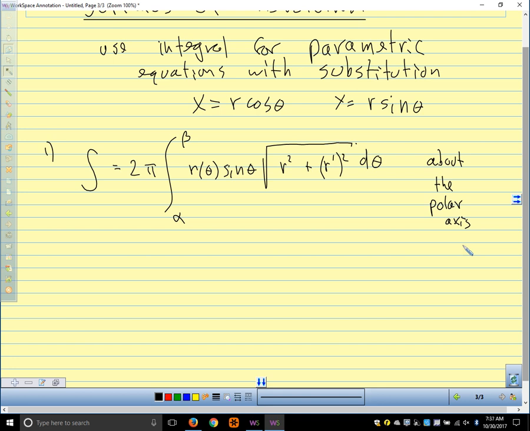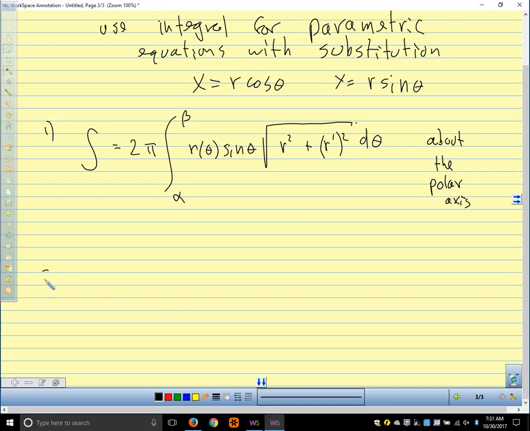Well, there's no x in polar coordinates. And if we revolve about the pi over 2 axis, we get r of theta cosine theta. That's our distance from the pi over 2 axis.